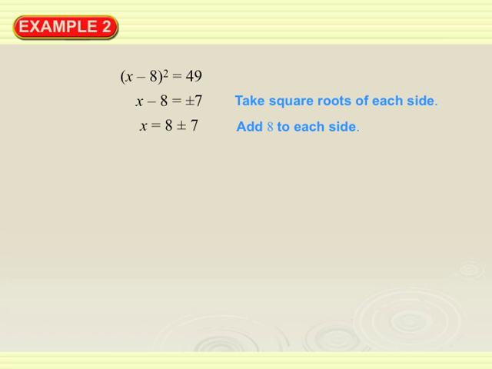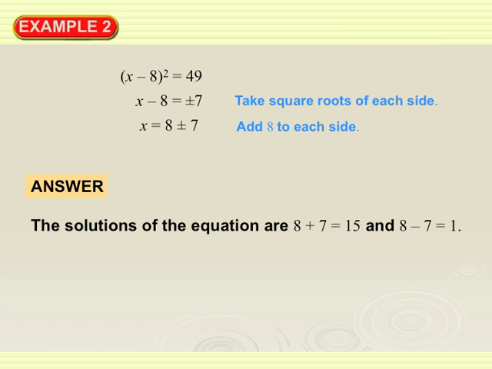This is really two equations smushed together as one. So the solutions are x equals 8 plus 7, that's 15, and x equals 8 minus 7, that's 1. So x equals 15 and x equals 1 are the solutions to the equation.